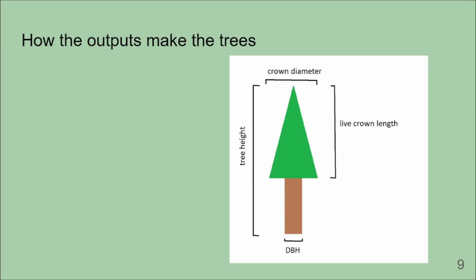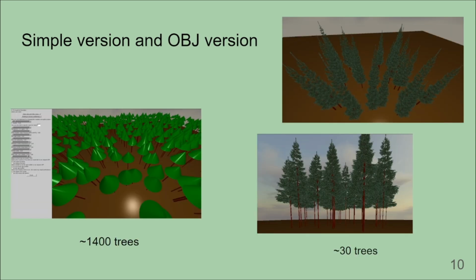Here's how the outputs make the trees. I draw it in 2 sections, the trunk and the crown. So the crown is dictated by the crown diameter and the live crown length, which is basically how long is the live foliage part of the tree. And then the trunk is drawn using tree height and diameter breast height. So there's 2 versions.